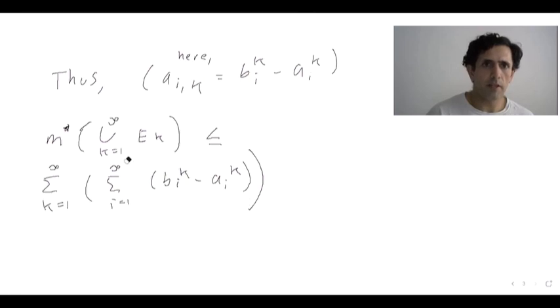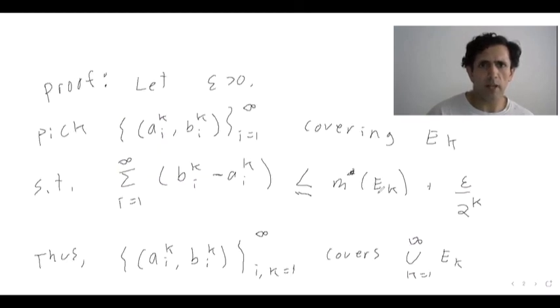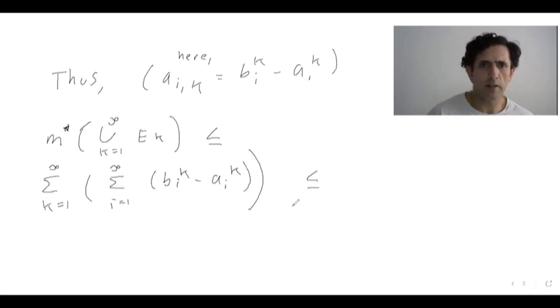And I should make that summation look a little nicer. Okay, but we know that the inner sum is less than or equal to m star of E_k plus epsilon over 2 to the k. And you should be able to see where this is going and why we needed epsilon over 2 to the k.